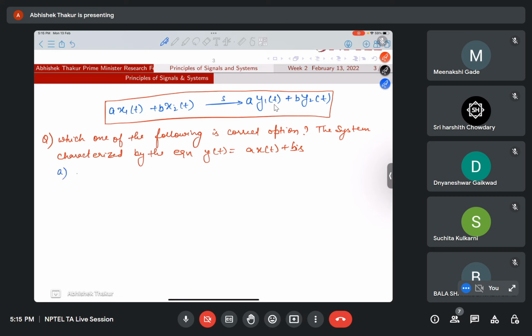There are four options. Option A is linear for any value of b. Option B, linear if b is greater than 0. Option C, linear if b is less than 0. And option D, non-linear.